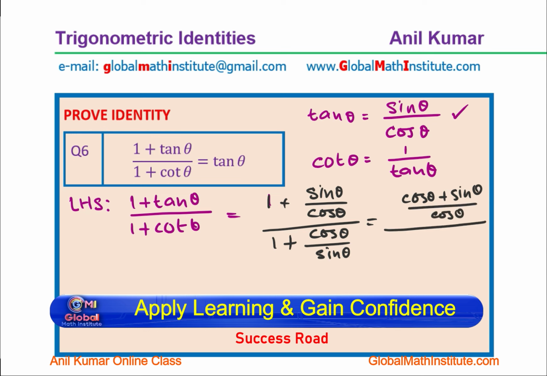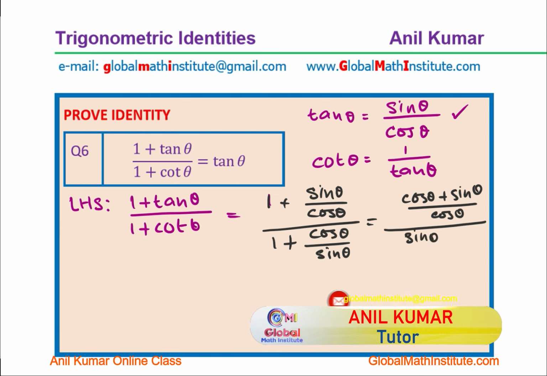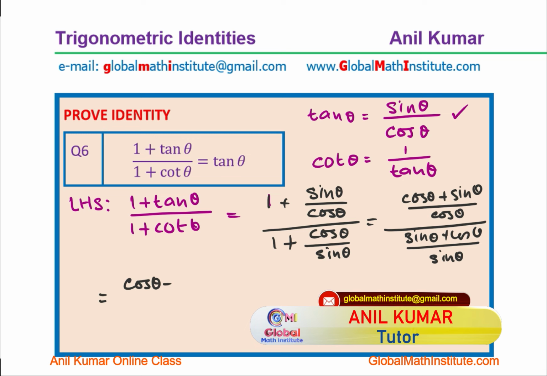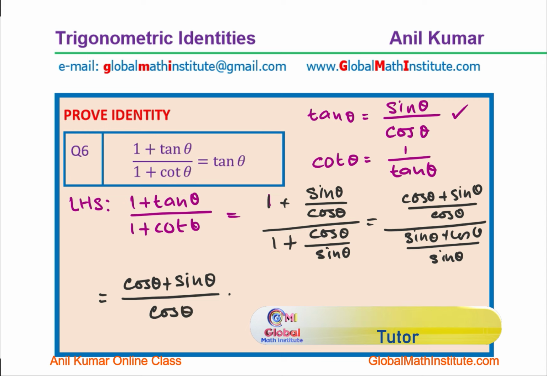And in the denominator, we get sine theta plus cos theta over sine theta. Clear? Now this is as good as writing cos theta plus sine theta over cos theta, and the denominator we are going to flip and rewrite.